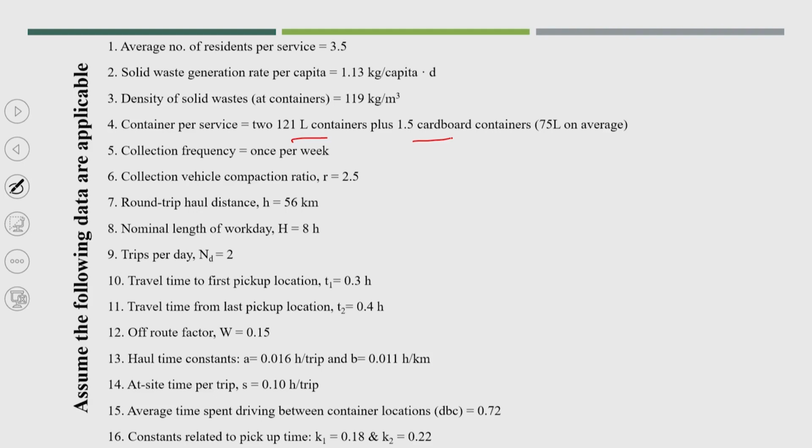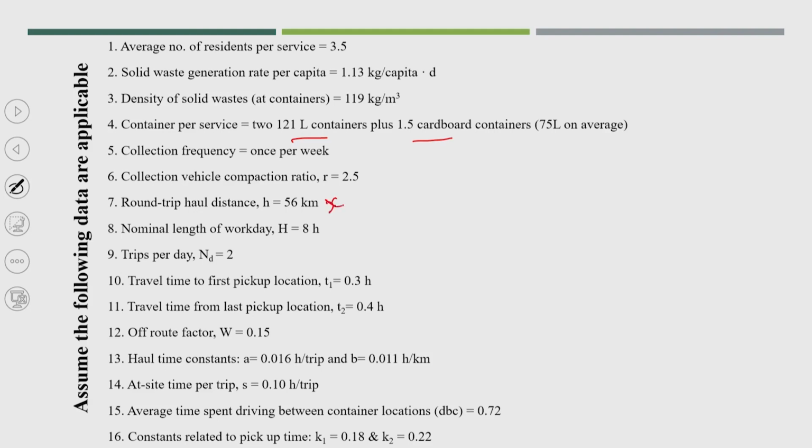The collection frequency is once per week, and the collection vehicle compaction ratio is 2.5, which means the vehicle is a compactor vehicle. The round trip haul distance is 56 kilometer, so the x value is given here.